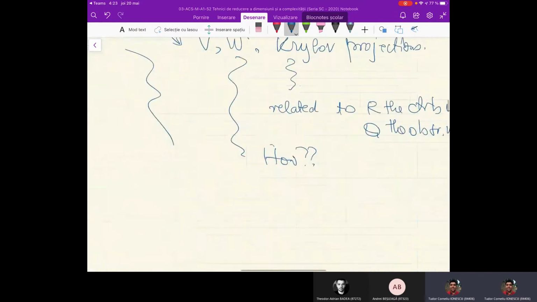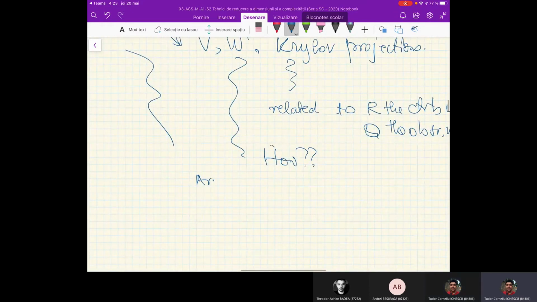Okay, so Arnoldi, W transposed is V transposed. Lanczos, W transposed is different, is other.